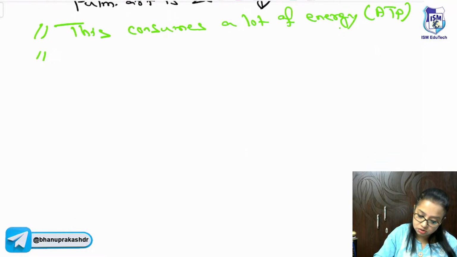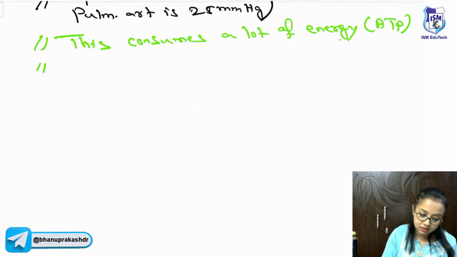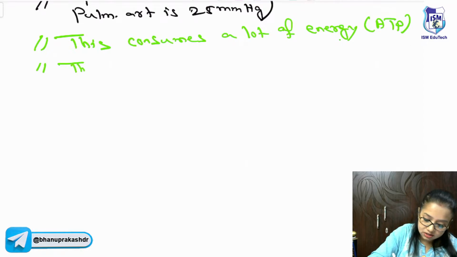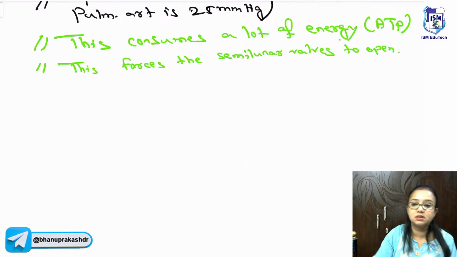And good morning also. So this consumes lots of energy, and as a result of which, what happens? The pressure in the ventricle increases. This forces the semilunar valves to open. Okay, this is the last stage of the isovolumetric contraction.